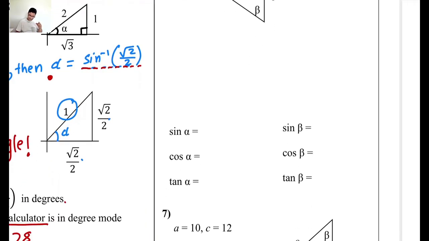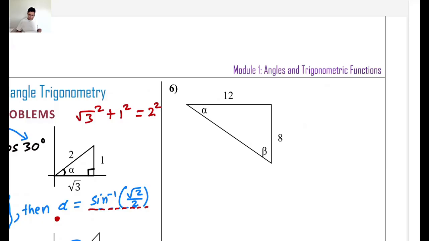Same here. You have to find this sine alpha and sine beta, these things. So I was saying we could do this without solving the triangle. Not this problem, maybe the next one.